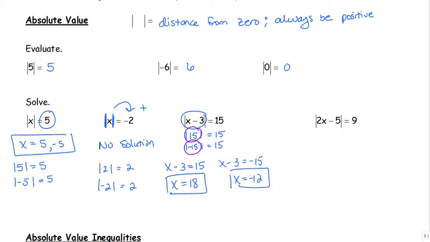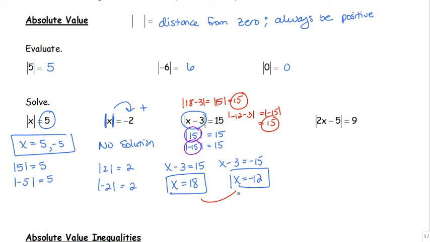And we'll see 18 minus 3 gives me an absolute value of 15, which is 15. Negative 12 minus 3 gives me an absolute value of a negative 15, which gives me an answer of 15. So I see that both of these are going to work.